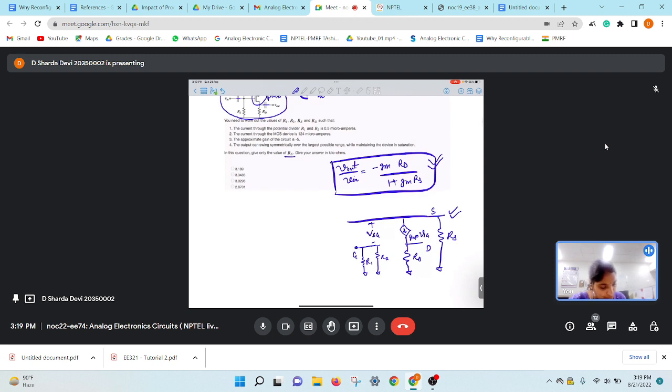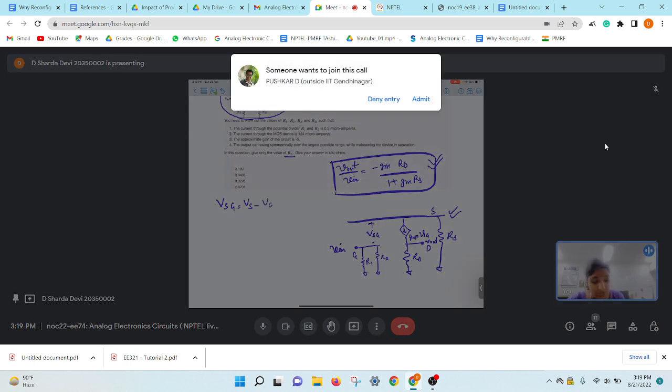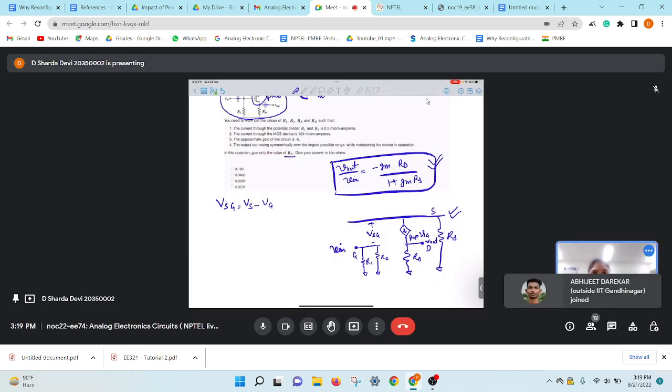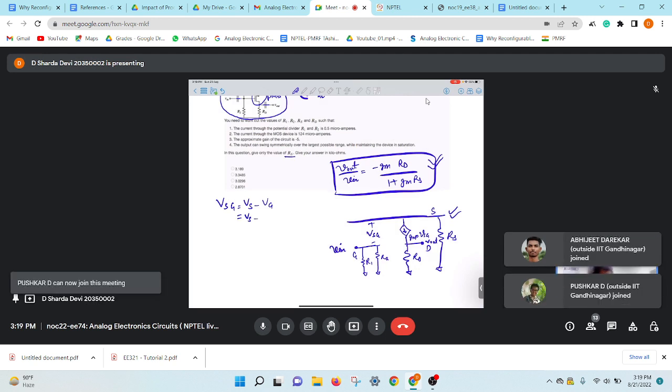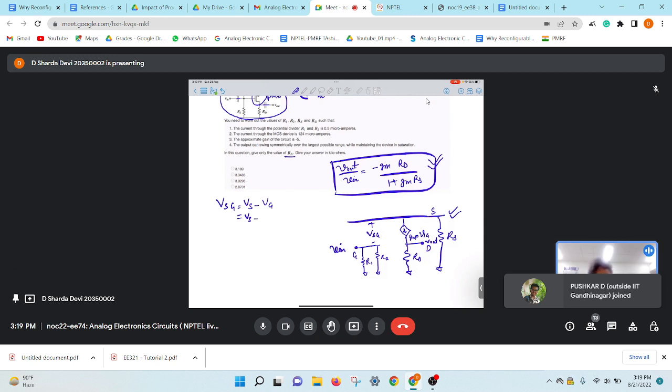So here we are providing Vn, and here we'll take Vout, right? So what is the value for VSG? Vs minus Vg, right? And here Vs will remain Vs for now, and Vg is Vn. This is VSG.